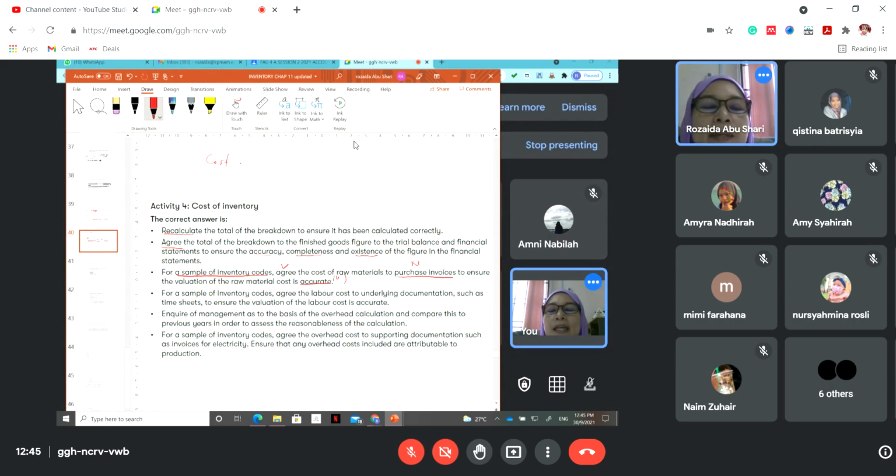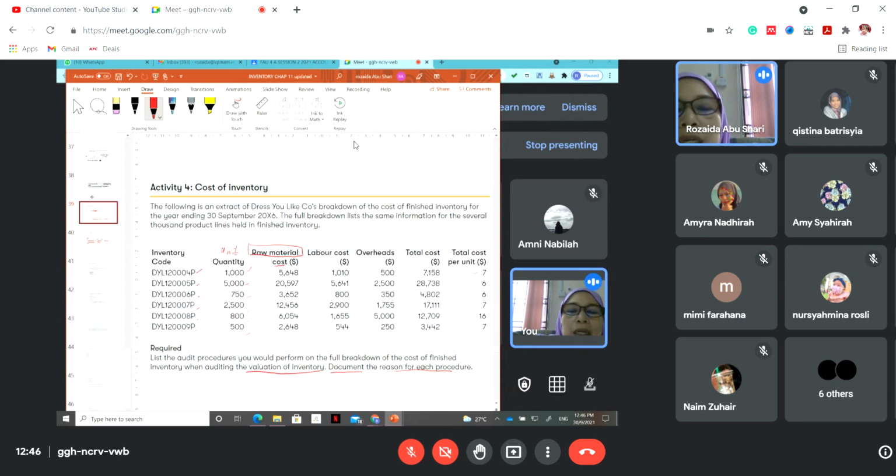For a sample of inventory codes, again, you look at the cost of raw material and compare it with the purchase note. Now, labor cost to underlying documentation such as timesheets to ensure the valuation of labor cost is accurate. So where is the evidence?